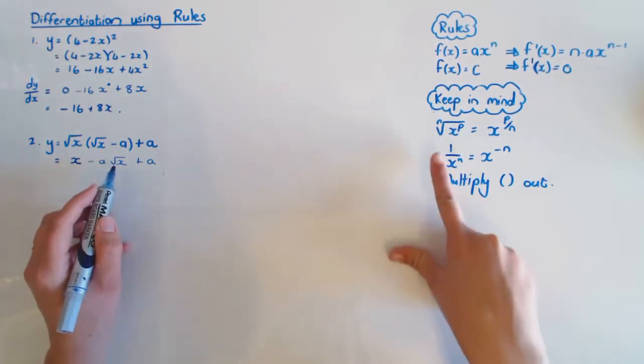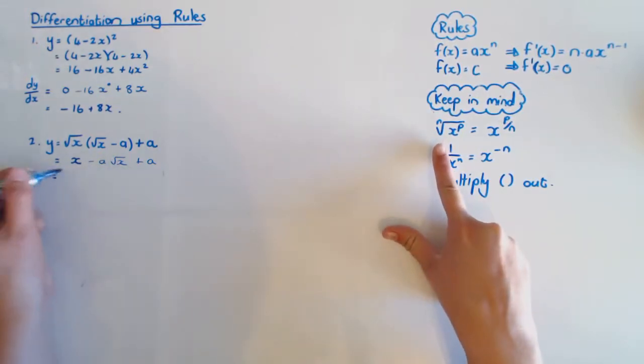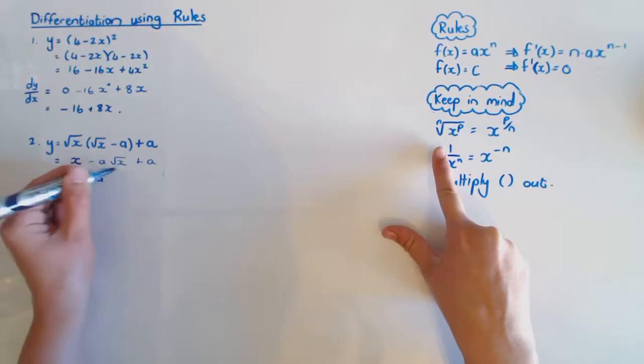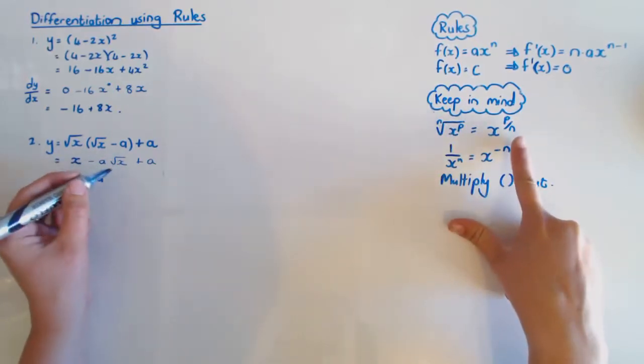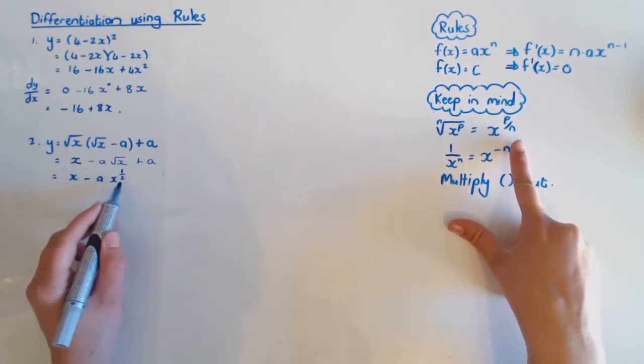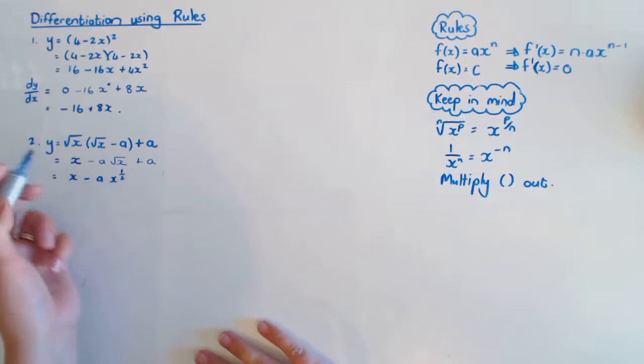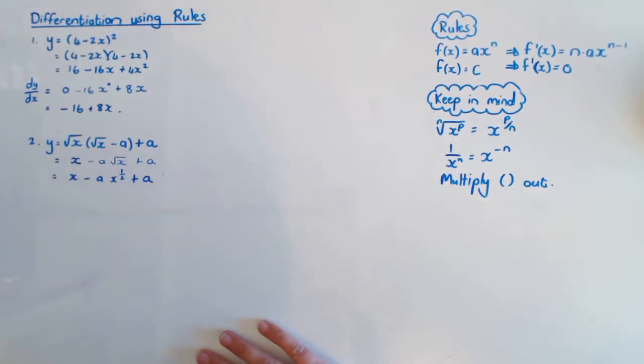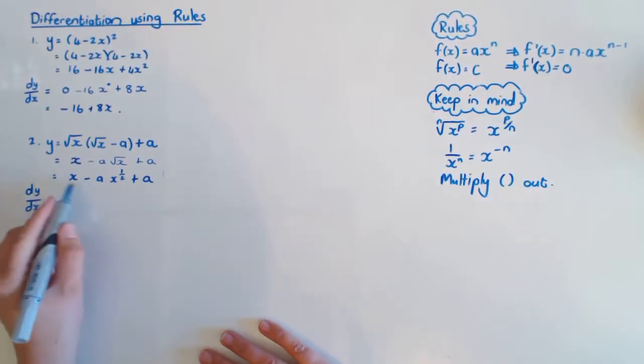Then the second thing is I have the root there. I'm going to rewrite that root: this is x to the power of 1, and the root is a second root, so the root goes under the line in the fraction. So this is x to the power of a half, plus a. Now I can start finding the derivative using my rules.